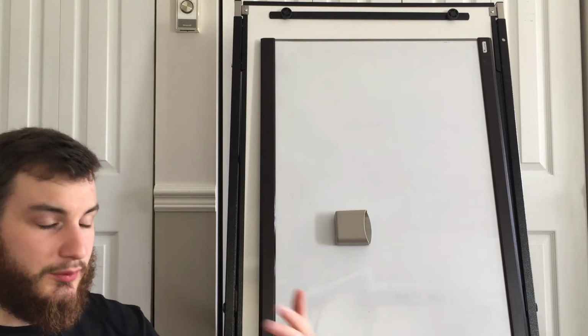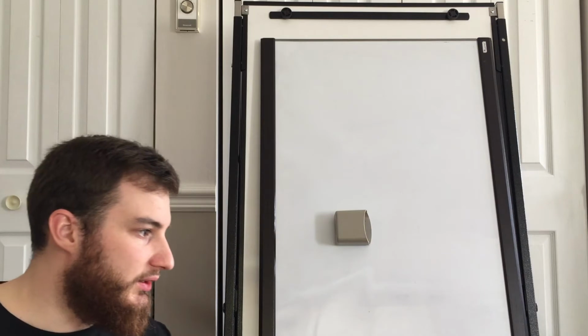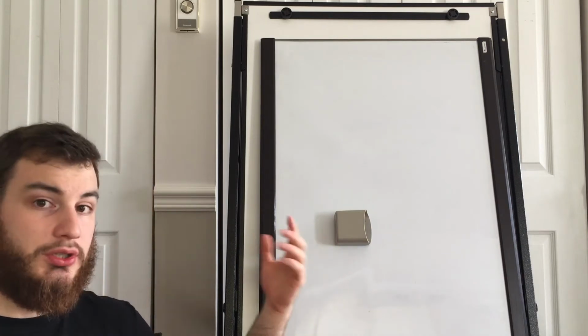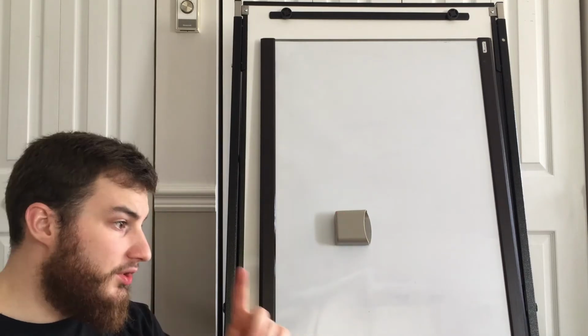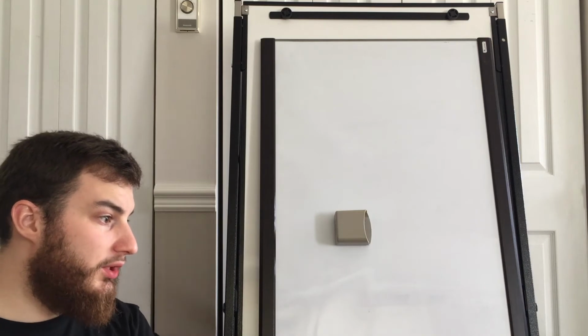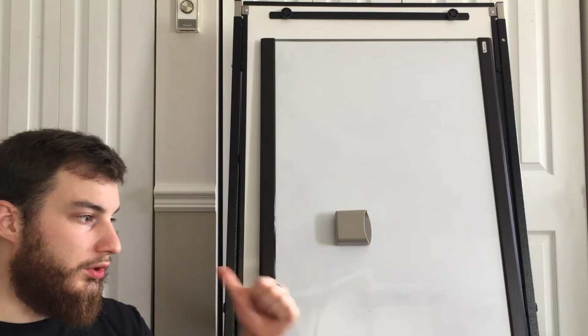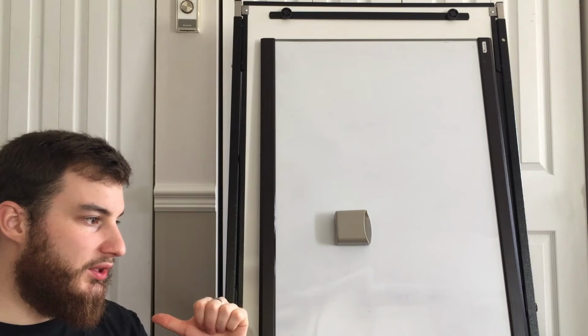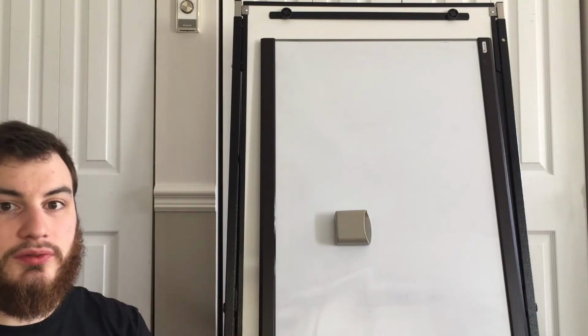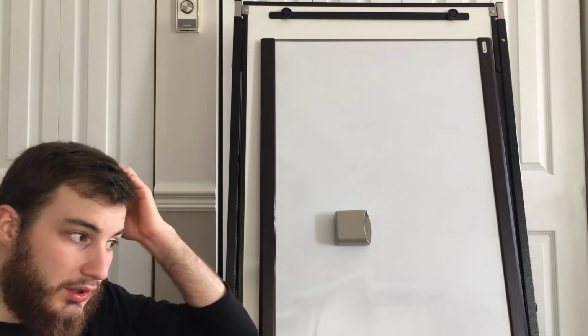So the definition from the notes, totally not reading, is for a system of particles, which an object like this is, the center of mass is the point that moves as though, 1, all the system's mass were concentrated there and all external forces are applied there.